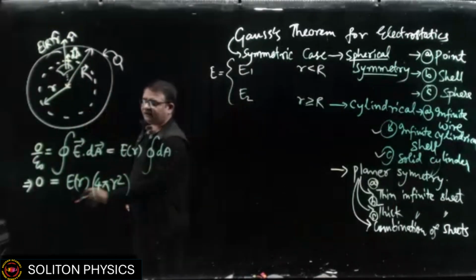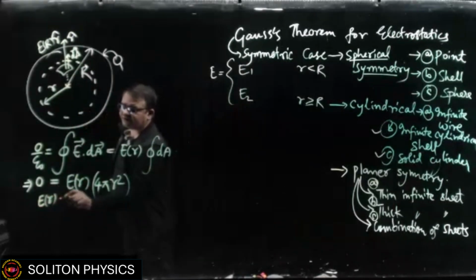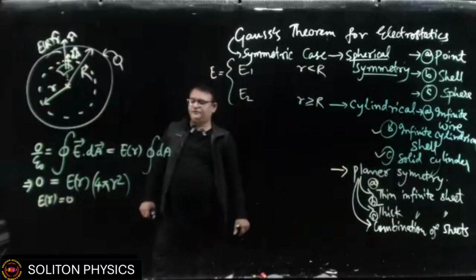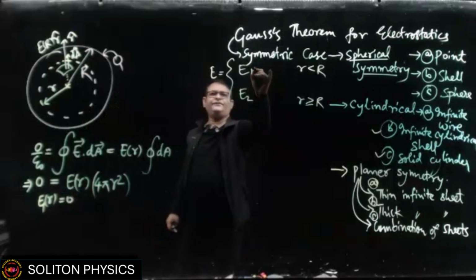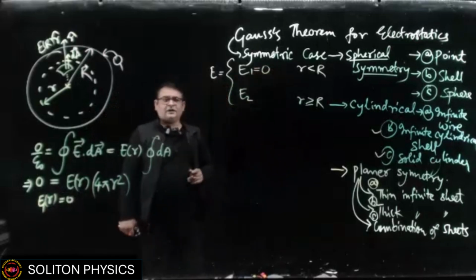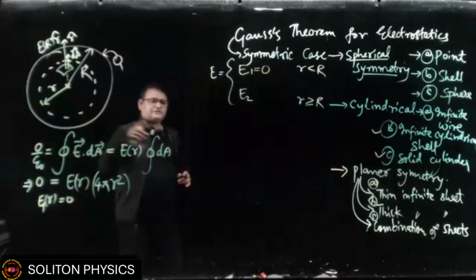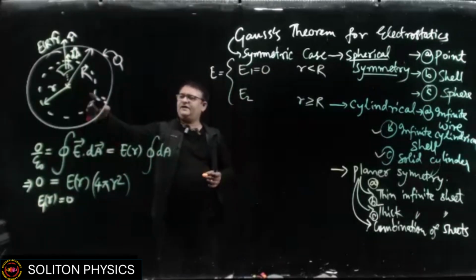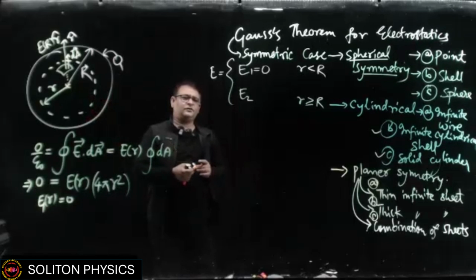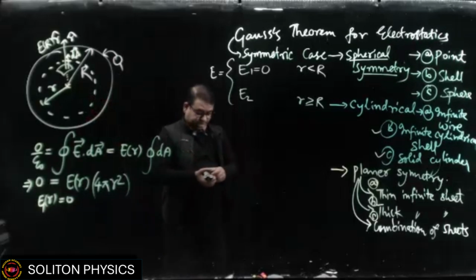So definitely E is equal to 0. So this is E1. Okay, so this we found is 0. Now, without this Gauss theorem, it is very hard to convince people that the field inside is 0. Okay, so let's move on.